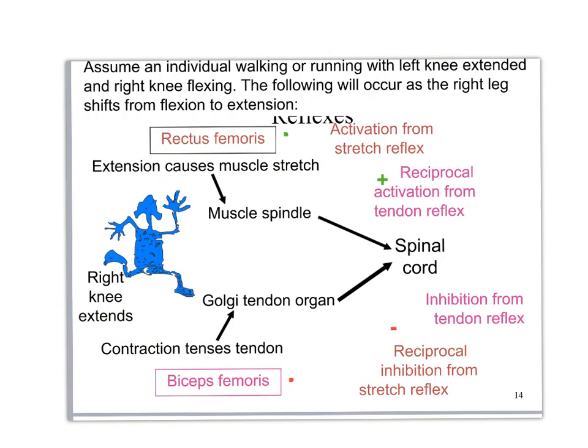All right, so this little drawing, which did not convert well into the PDF, is demonstrating the two reflexes working together. So I have extension of the rectus femoris, which is going to cause muscle stretch of the rectus femoris, which is going to trigger the muscle spindle. That's going to send a sensory signal to the spinal cord.